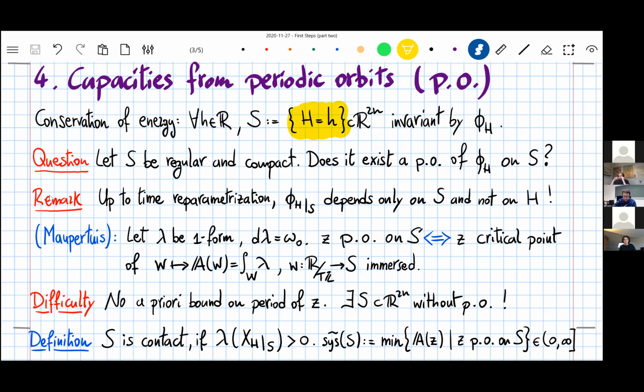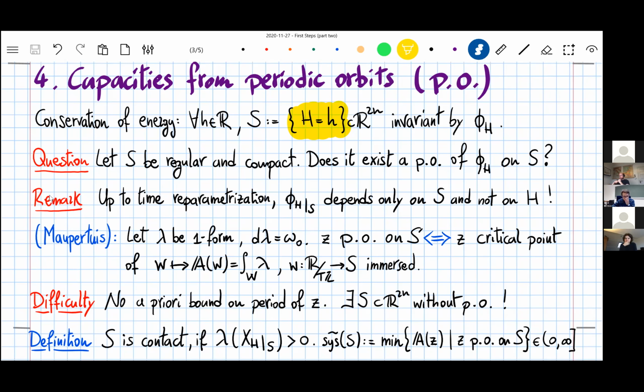And actually, this is confirmed also by the so-called Maupertuis principle, because a very powerful tool in Hamiltonian dynamics is to use variational principles, the so-called least action, which basically says that motions with certain boundary conditions can be described as critical points of some action function. Here one can find a version that fits very well with our discussion. It additionally needs a one-form lambda, which is a primitive of omega 0.